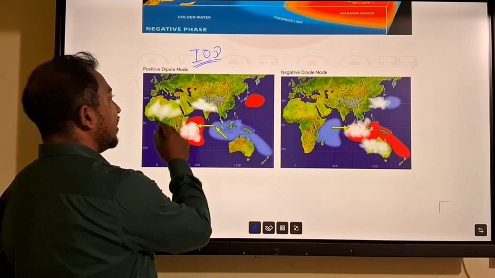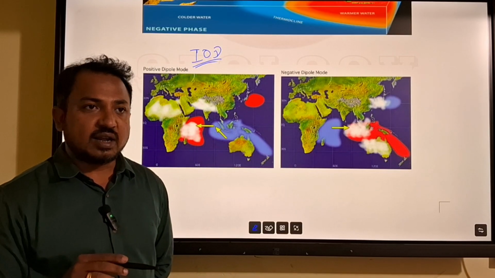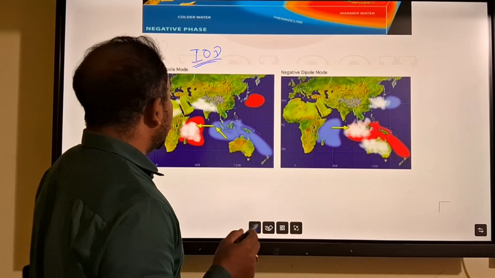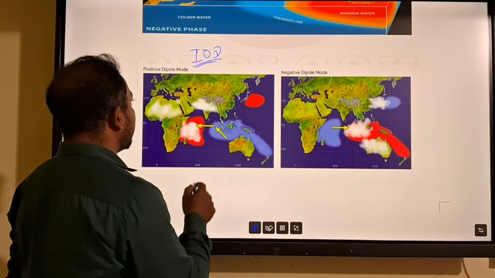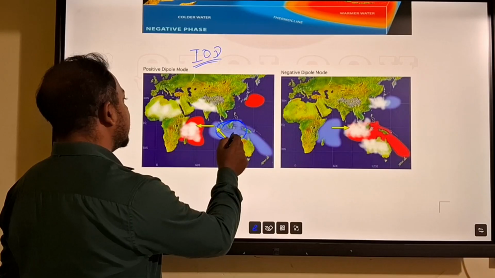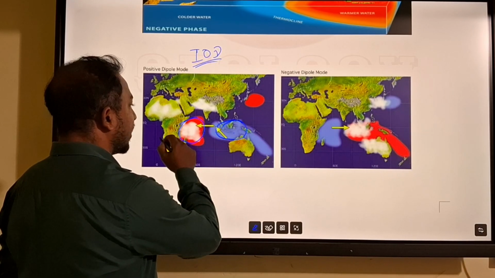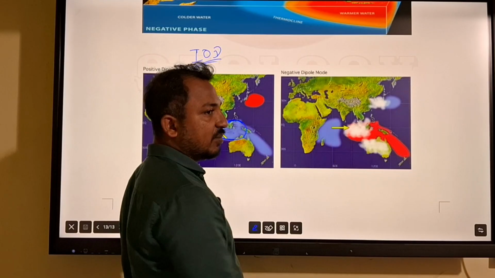There are two phases of IOD, like we have El Nino and La Nina in ENSO. Here we have negative and positive dipole mode. During positive dipole mode, there will be colder or high pressure in the Australian region and low pressure or warmer condition in the African region, and that reverses during negative condition.